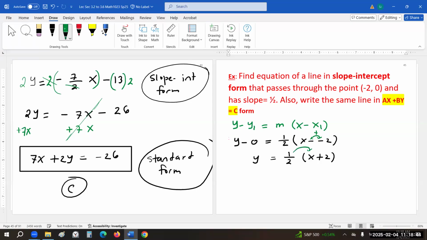So we distribute the 1/2 here. So we get y equals 1/2 of x plus 1/2 of 2. So how much is half of 2? 1. So y equals 1/2 x plus 1.